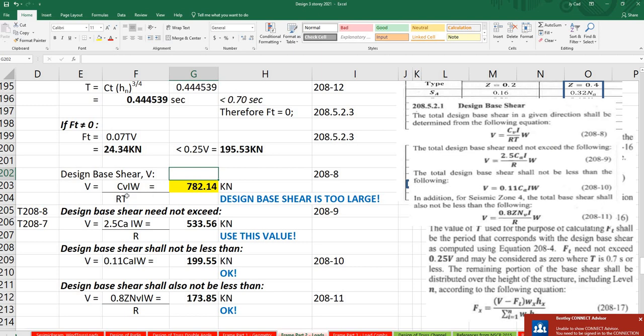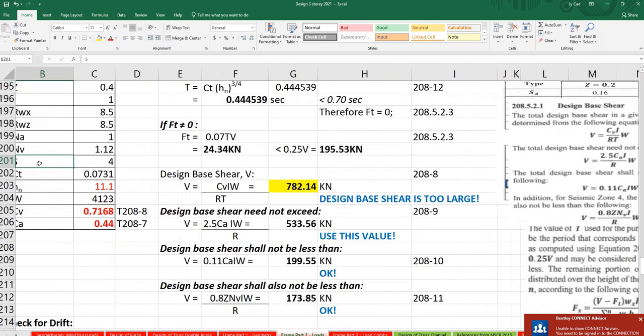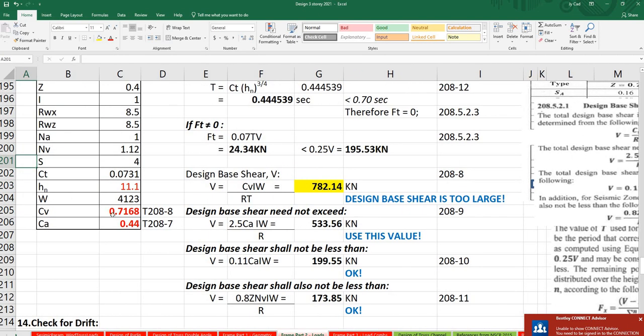Note that in this equation, okay, yan, equation 208-8, shear ang kinukuha natin, yung V. Ang value ng CV mo, magagaling yan dito, 0.7168. Tapos yung I, yan yung importance factor. W, that's your seismic mass. R, you have 8.5. And then T, yan yung 0.44.